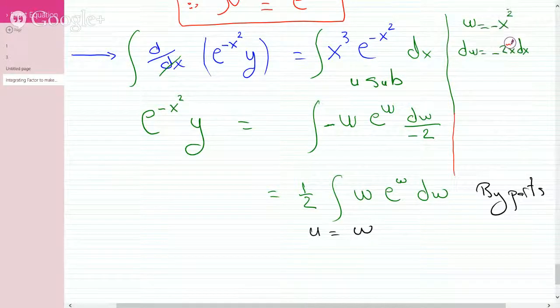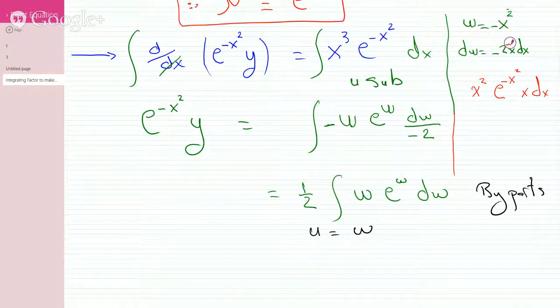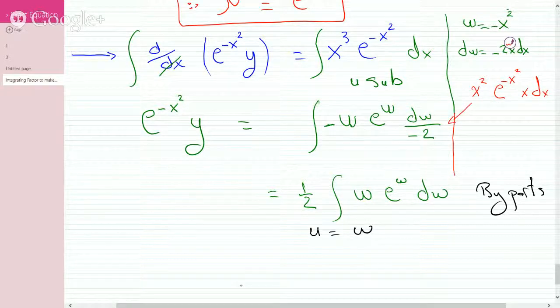The breakdown happened as follows: x cubed is x squared times x times dx. Oh yeah. And okay, so x dx is dw over minus 2. Right. X squared is minus w, and e to the minus x squared is e to the w. Right. So that's how we got this. Okay.